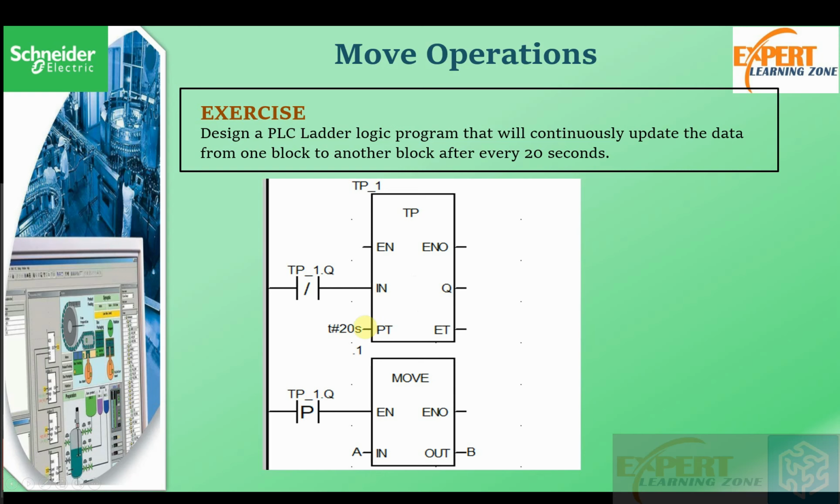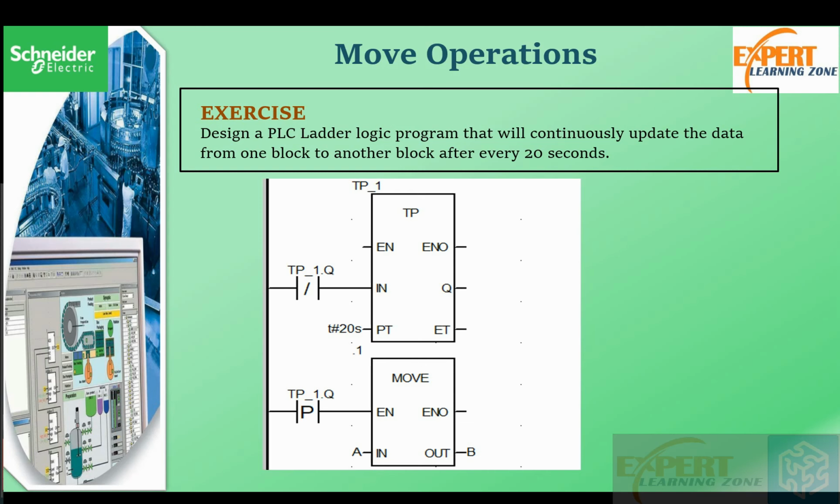After 20 seconds, it goes off, it pulls down the pin and the timer starts again. At that instant, it goes low. When it starts again, this goes high again, and the value of A is transferred to B. So it's transferred whenever the timer goes low and high again.